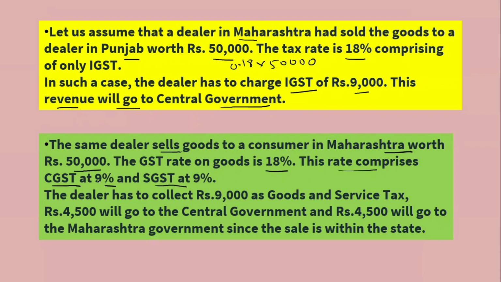So 50-50%. 9% goes to central government and 9% goes to state government. So the dealer has to collect a total of 9,000 as goods and service tax, which is 18% of 50,000. And then out of this, 4,500, that is 9%, will go to central government and rupees 4,500 will go to the Maharashtra government since the sale is within the state.